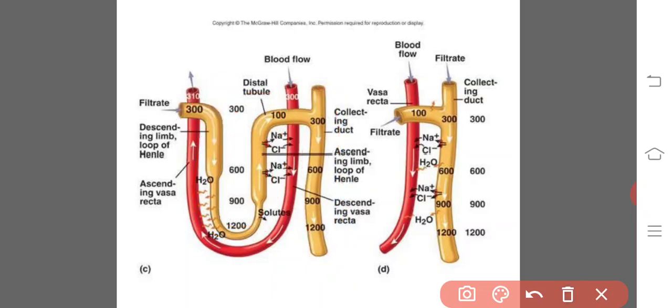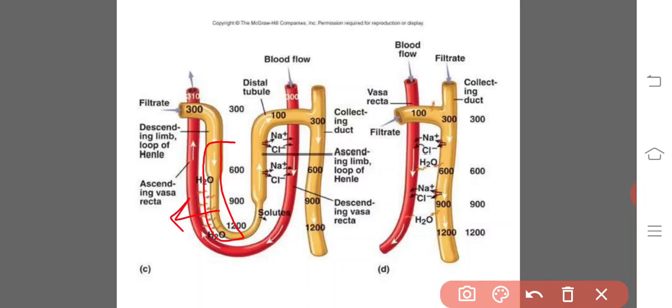Now, the descending limb of the Henle's loop is permeable to water but impermeable to salts.